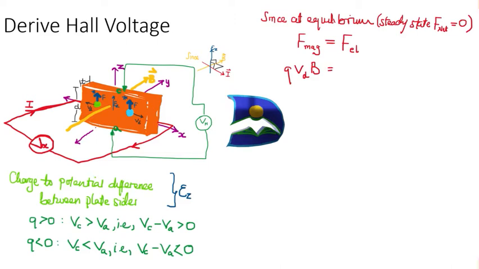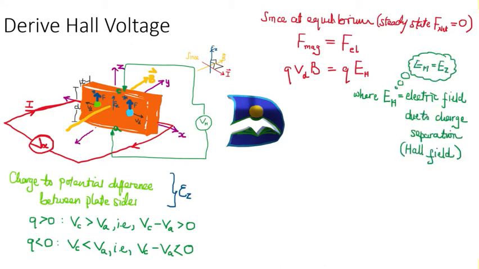And this is equal to that of the electrical force, which is equal to the quantity of charge multiplied by that of the electrical field that is on the z-axis. That is one thing you need to recognize, and this is pretty much the direct link to the Hall's field.